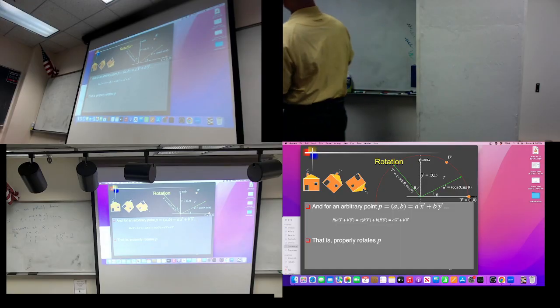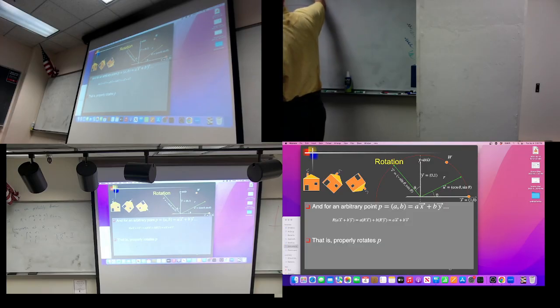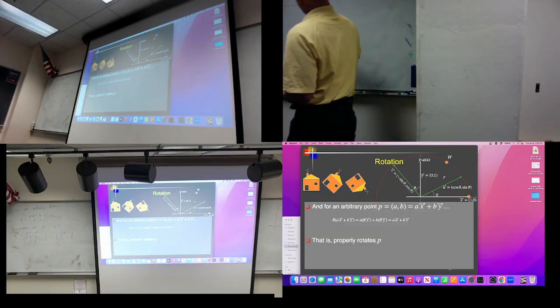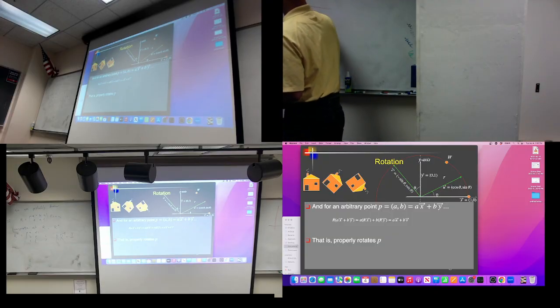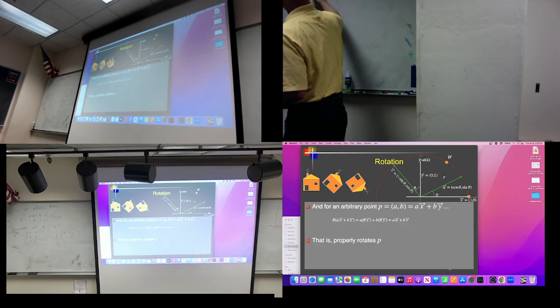and we already had this discussion, if I have a point P, which is A and B, I can think about these coordinates as: go in the x direction A units, and then go in the y direction B units. What happened to this point after the rotation?